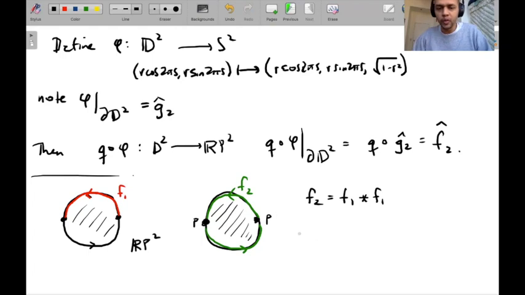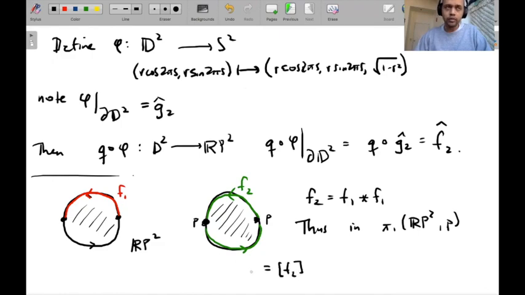Okay, so we've just shown rigorously that the equivalence class of F2 is the equivalence class of the constant. So altogether, in the fundamental group of RP2, with base point this point P, the homotopy class of F2 is equal to the homotopy class of a constant because F2 extends to the disk.